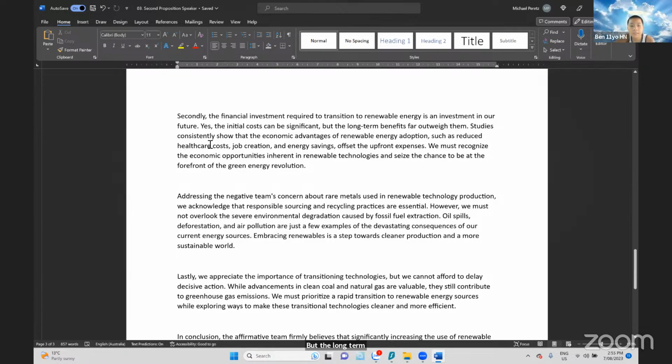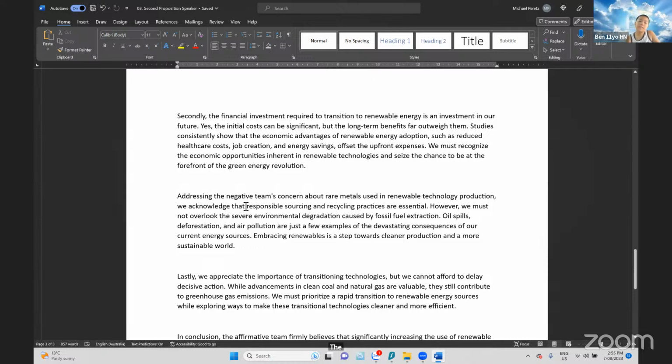Studies consistently show that the economic advantages of renewable energy adoption, such as reduced healthcare costs, job creation, and energy savings, offset the upfront expenses. We must recognize the economic opportunities inherent in renewable technologies and seize the chance to be at the forefront of the green energy revolution.